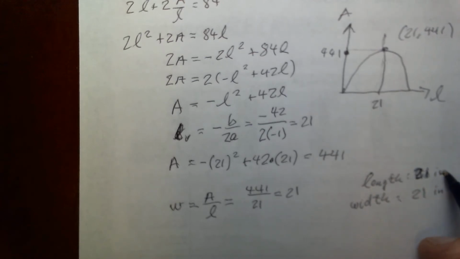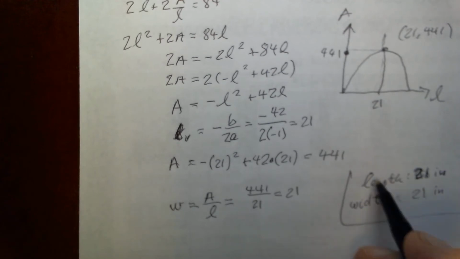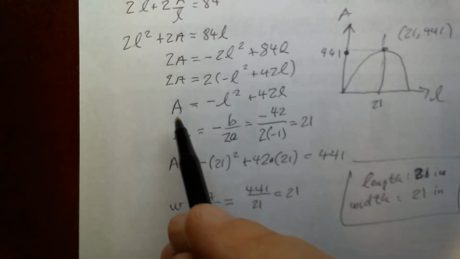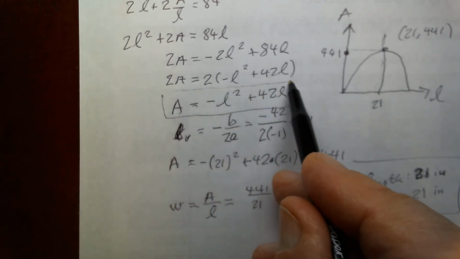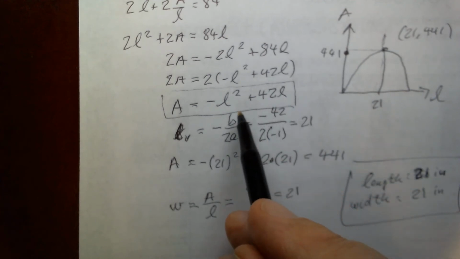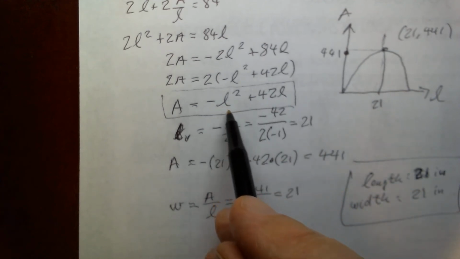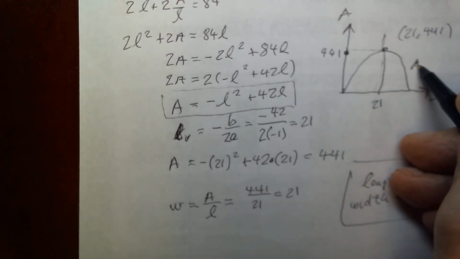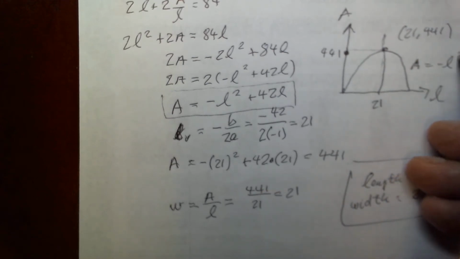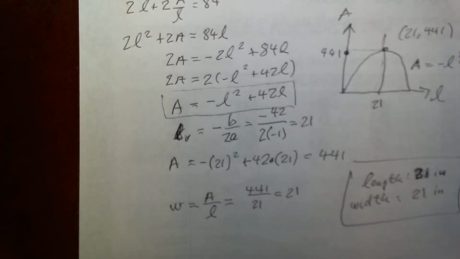So in other words, it's a square stained glass window. Again, the important equation is this one here, where we have the area as a function of length. It's a quadratic function, a downward opening parabola. So this is A equals minus L squared plus 42L.